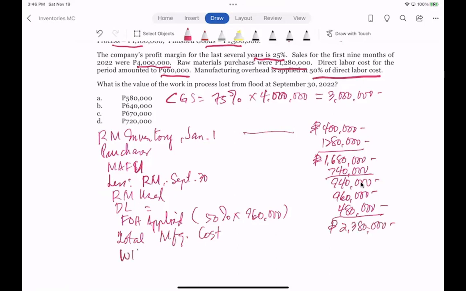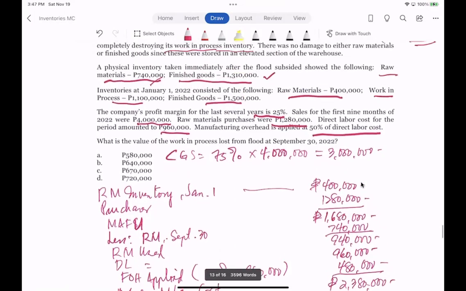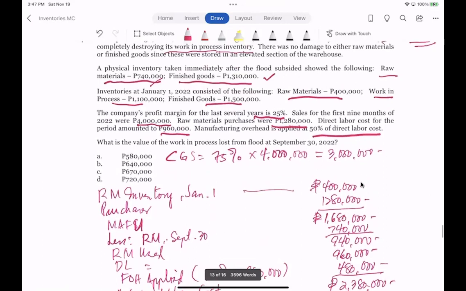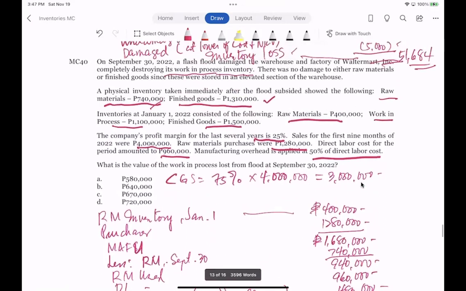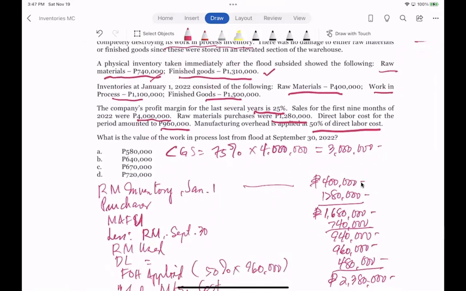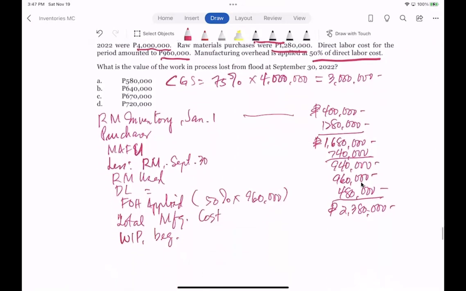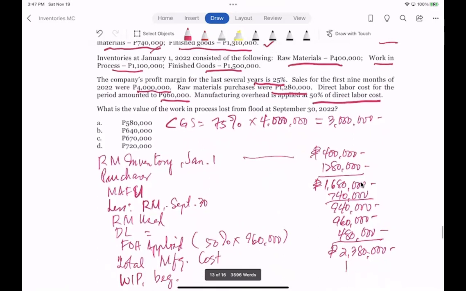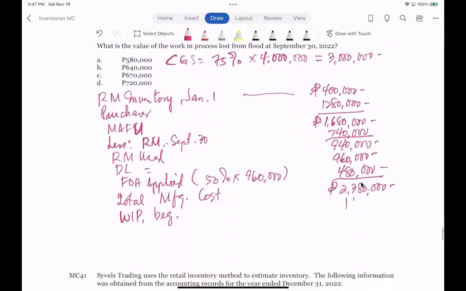Add work in process beginning. Work in process inventory at January 1 is 1,100,000.